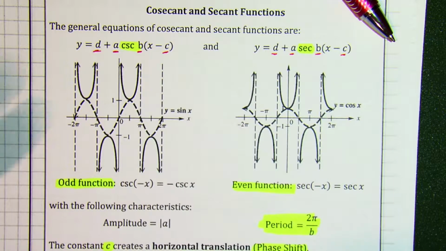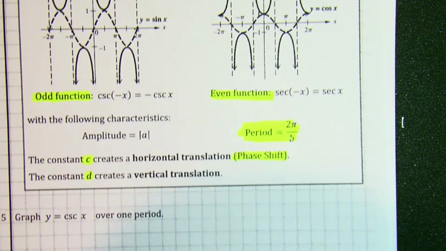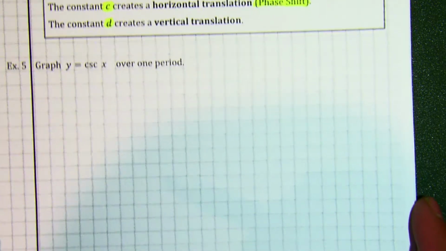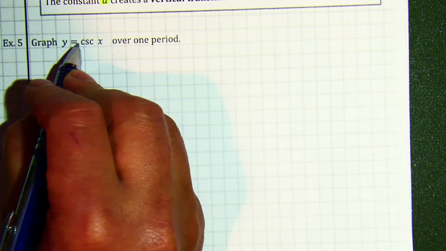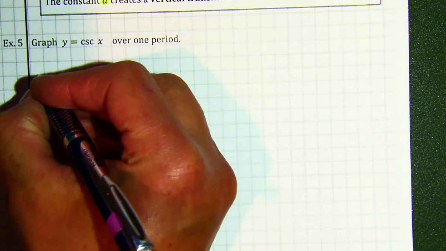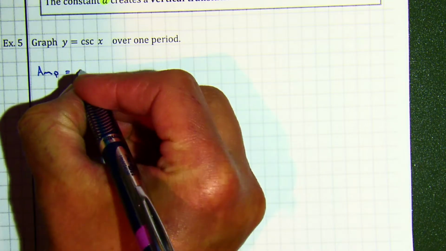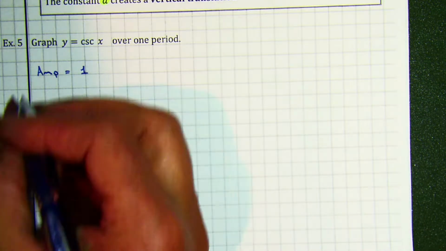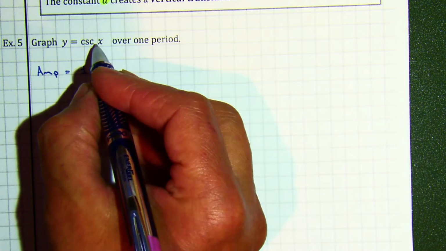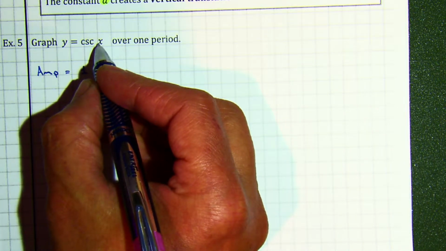We are going to start graphing the basic graph of cosecant. There's no coefficient for cosecant, so therefore your amplitude is 1. Remember, it's always going to be positive. There's no coefficient for x, so B is 1.